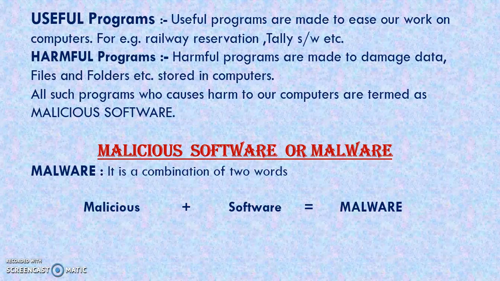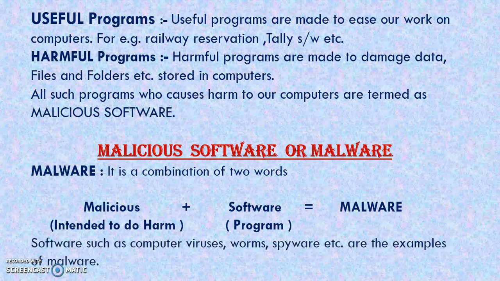The mal term comes from malicious and the ware term comes from software. Malicious stands for intended to do harm, and software, we have all learned, is also known as a program. So software such as computer viruses, worms, spyware, etc. are examples of malware.